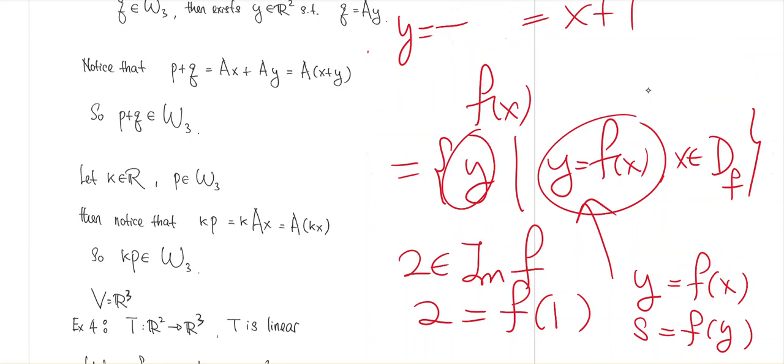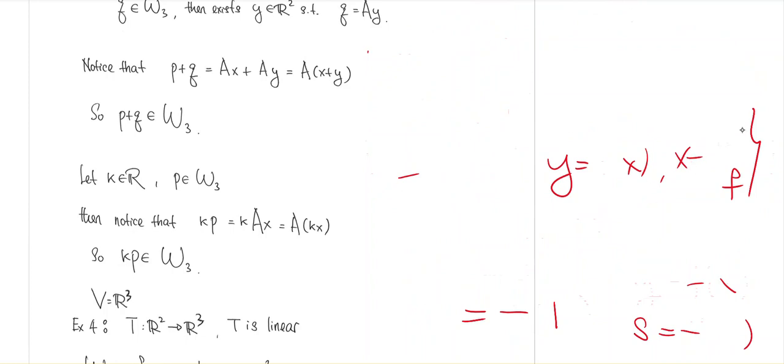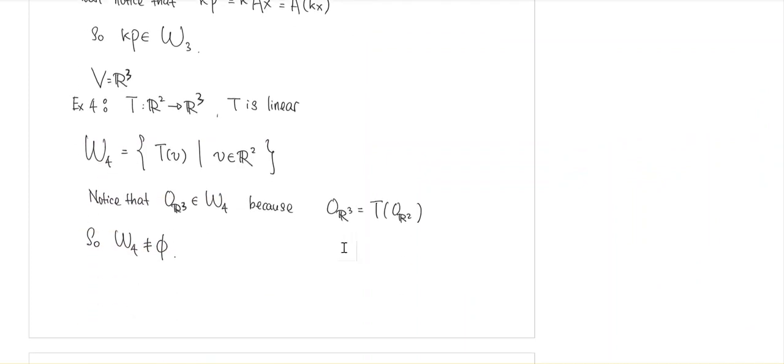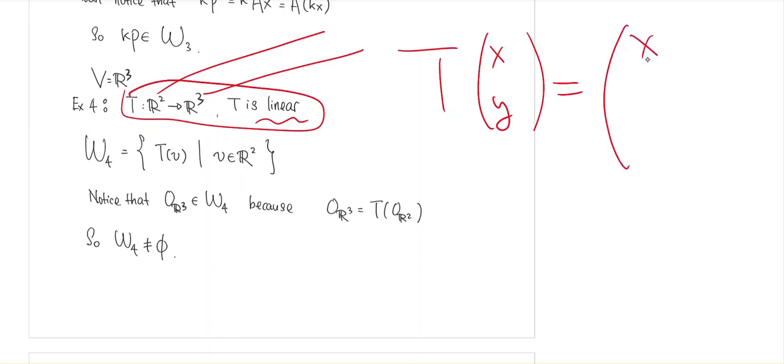Now, to make this clearer, we are going to look at another set, our W4, which looks like this. We are given a linear transformation. Again, we don't know what that linear transformation is. What we know is that it is linear and it maps R2 to R3, which means it takes elements in R2 and maps them to R3.